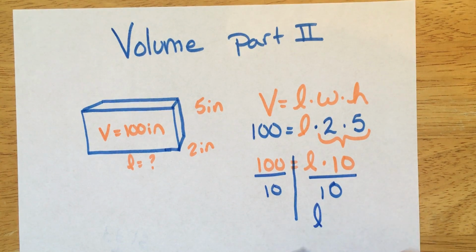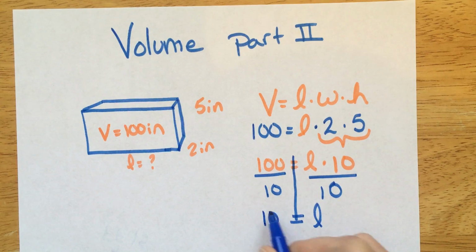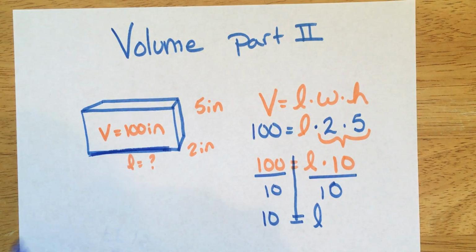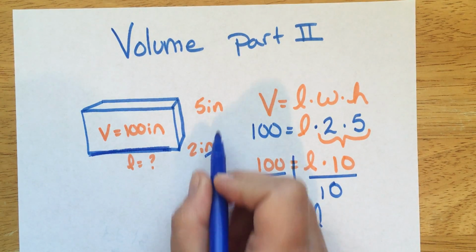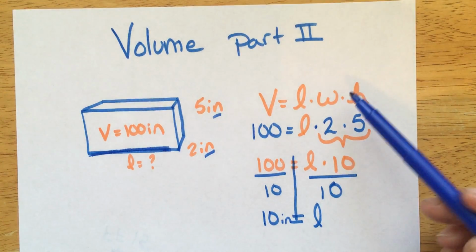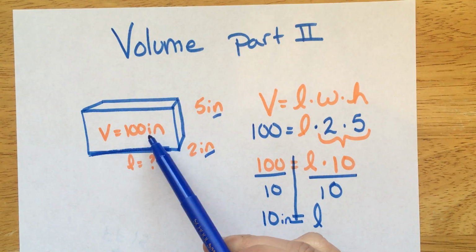That leaves me with the length all by itself. 100 divided by 10 is 10. And then I just have to figure out, well, what am I going to put on the end of it? Well, length is just one of the units, so I'm just going to put whatever units we're doing the measurement in, in this case it's inches, and I don't need to add anything else to it. So there I just found the length of the missing side when they give me the volume.